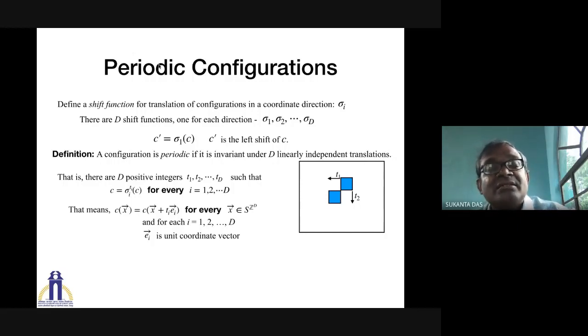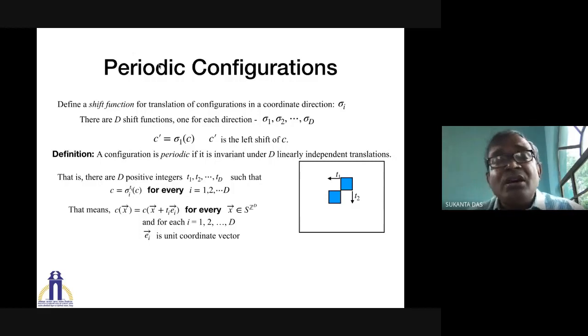Here e_i is nothing but the unit coordinate vector, all zeros except one. So if it is 2D and i equals 1, then e_1 is (1, 0), and e_2 is (0, 1), in this way. This is the unit coordinate vector. So this is the definition of a periodic configuration.